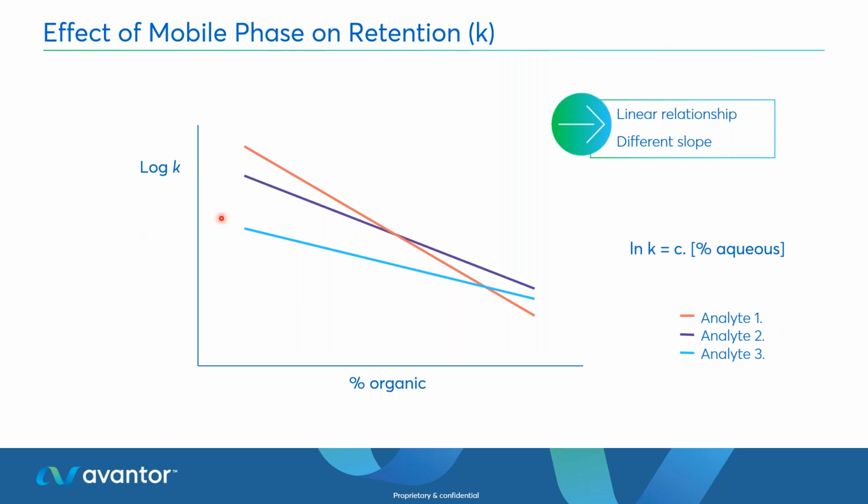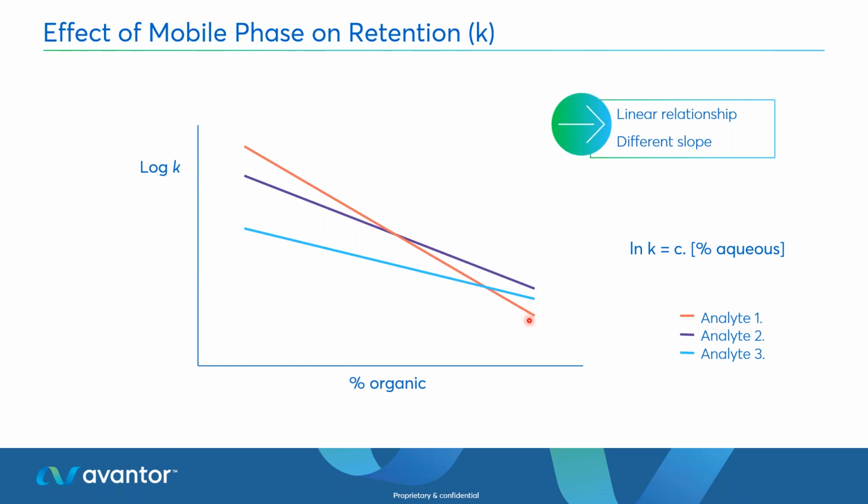So what you can see immediately from this is there is a linear relationship between the percentage organic and the retention time of our compounds. That means if I change how much acetonitrile is in my mobile phase, I will change the time at which my peak elutes from the column. And you can see they're all downward slopes, which shows the higher the percentage organic, the shorter the retention time.